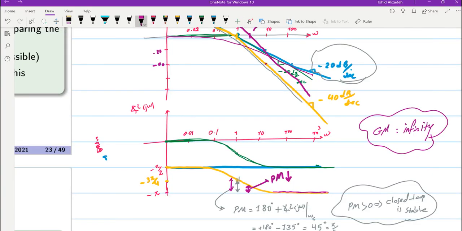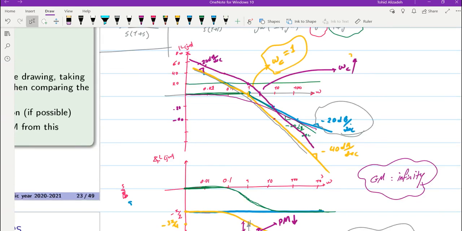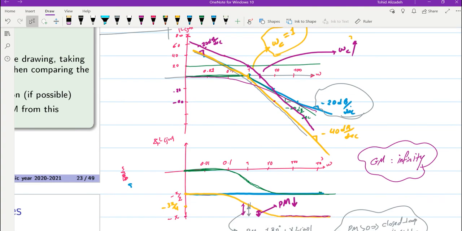Because as omega increases, the phase of the system goes towards minus 180 degrees, and as a result, the phase margin will decrease. But in terms of the gain margin, nothing will change. It will be indeed similar to what we had in the previous case.